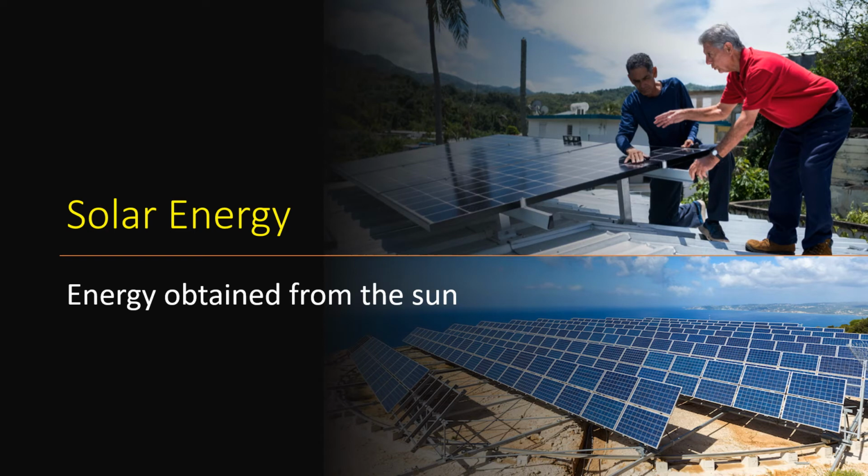If you look at those guys, they are placing solar panels on top of their houses, and in the bottom picture we have a lot of solar panels. That's the way that we are using this new technology today, using solar energy, the energy obtained from the sun.